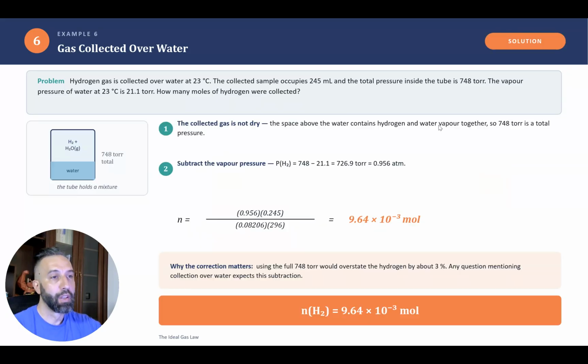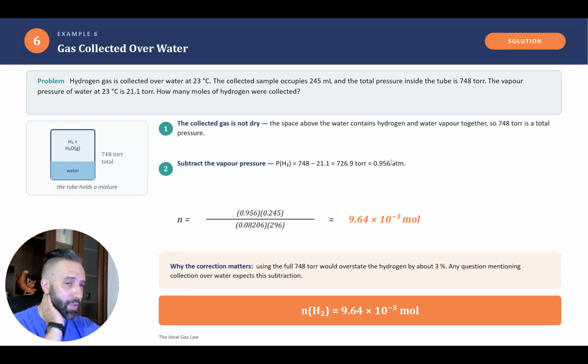So there is hydrogen gas above here, but there's also water, and the vapor exerts this much pressure. And in total, I have this much pressure. So I have to go this minus this in order to figure out that part of the pressure that comes from hydrogen. So that's this many torr, and then they just converted it into atm.